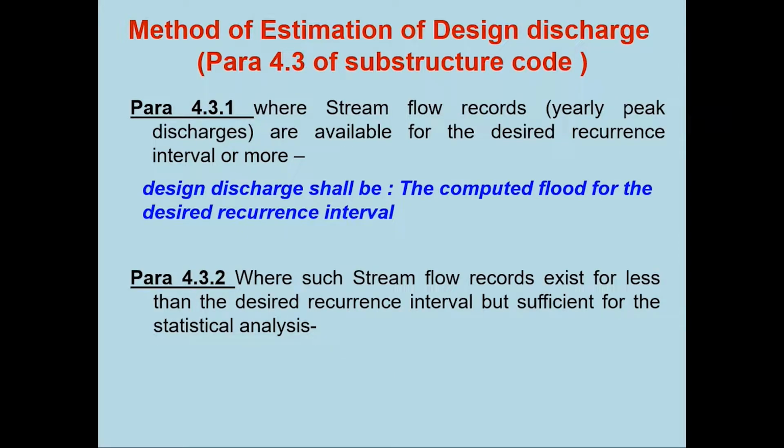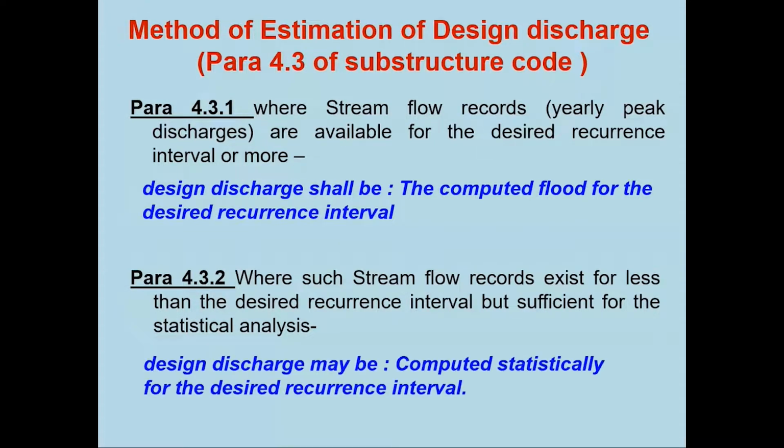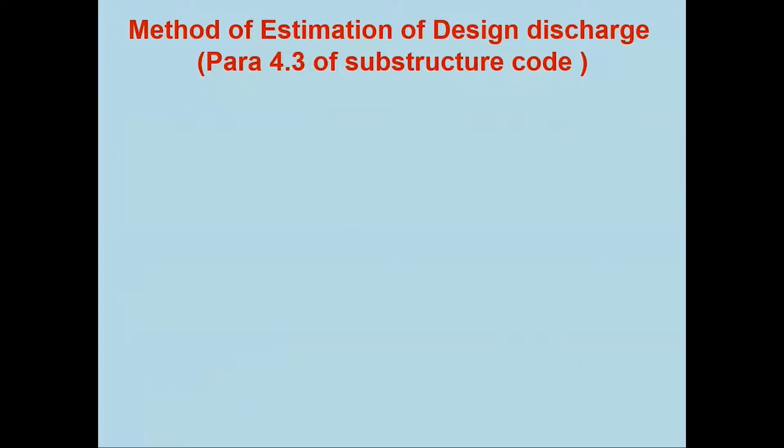If the data is not available for 50 years, but it is available for a sufficient period of time, then by deploying different statistical methods, we can arrive at that Q50, meaning the 50-year recurrence interval level flood discharge.